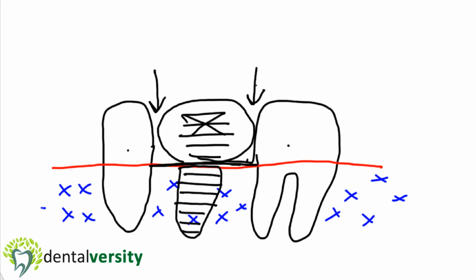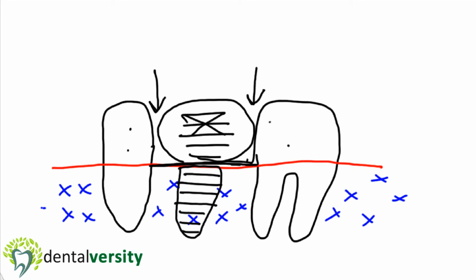Now you can floss this tooth as if it were your own natural tooth. So we can keep it clean. It's providing great support for the adjacent teeth, and all in all, your overall function has been preserved.